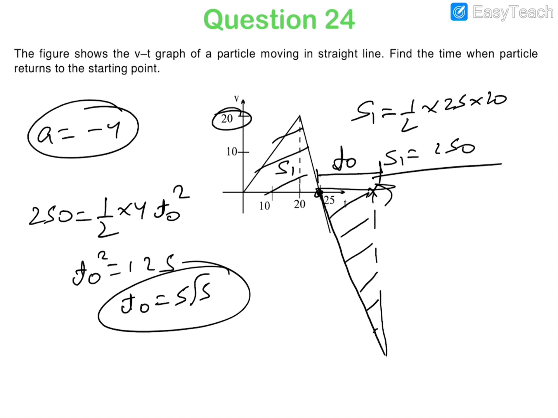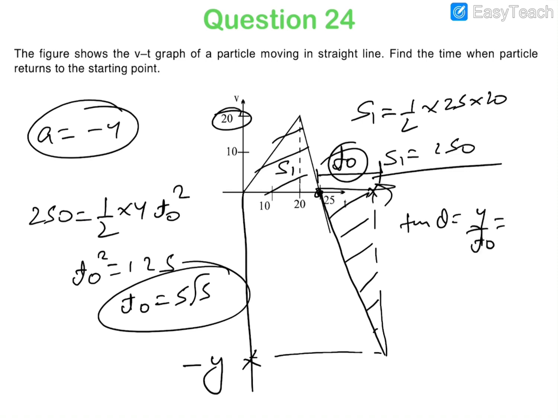And you can also find out this value by another technique. You can see that if this is t naught and acceleration is minus 4, which is calculated by this triangle 20 by 5, which is 4, and the line is going in the downward direction, so it is minus 4. So this angle tan theta is 4. So if this is y or minus y, we can say that tan theta will be equal to y upon t naught, and tan theta will again be equal to 4.